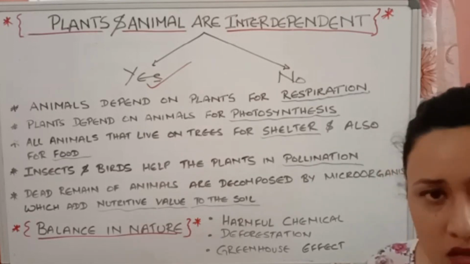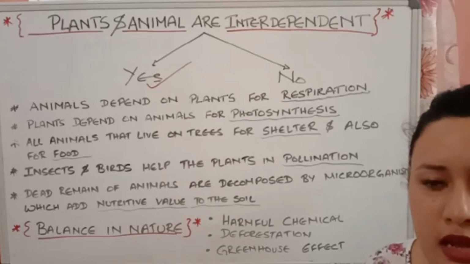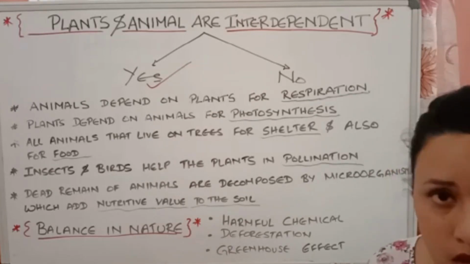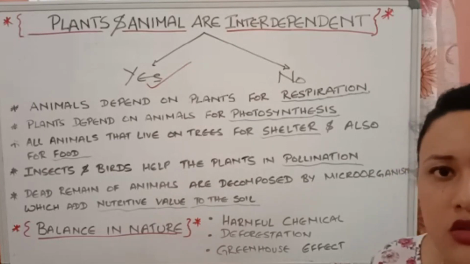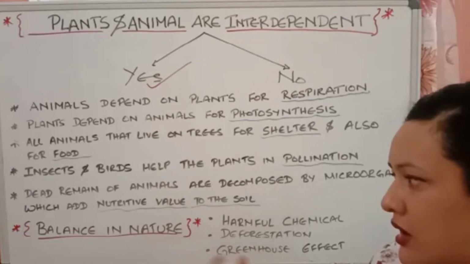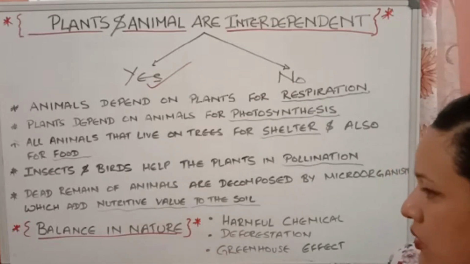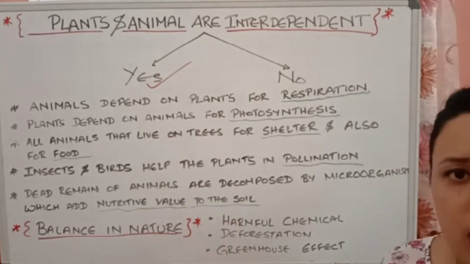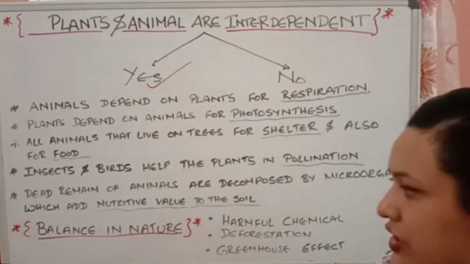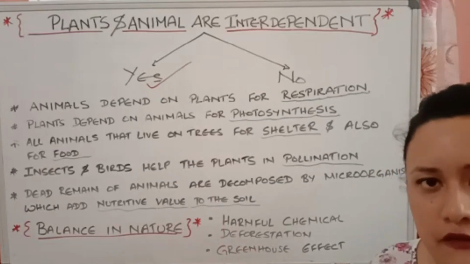When there is a rise in temperature, obviously there will be disbalance in nature. It will affect climatic conditions. Yes or no? So that is how they bring disbalance in nature. So this is due to human activities. It occurs naturally also, I have explained it.